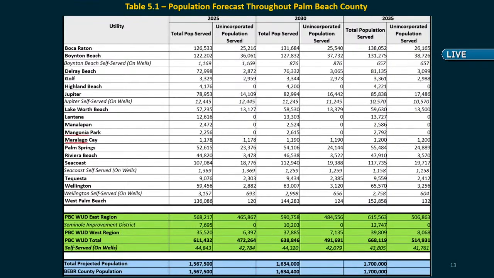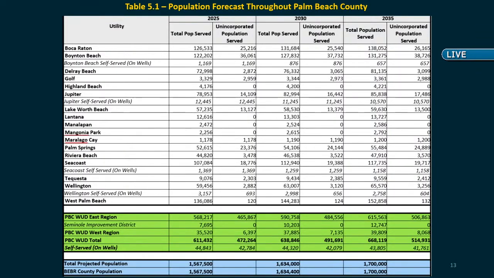Table 5.1 from the water supply plan summarizes the population forecast for various municipalities throughout Palm Beach County. The population projection was provided by the Palm Beach County Planning Division and is based on 2025 data. The table also shows the population of the county's unincorporated area that is being served by different municipalities. The Water Utilities Department service area is divided into 2 sections, the east and the west.